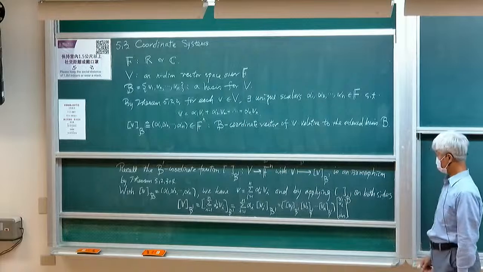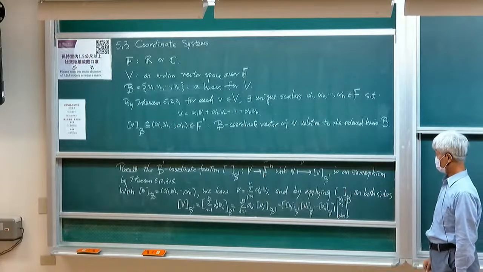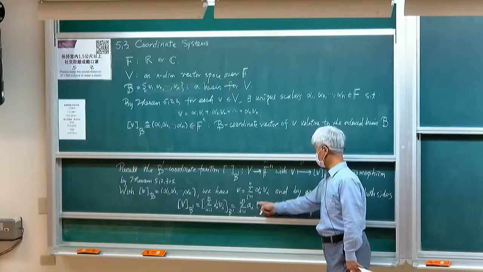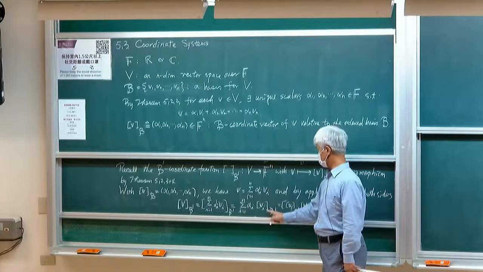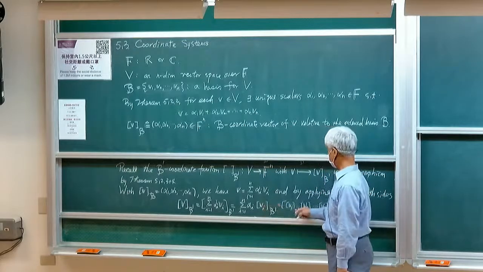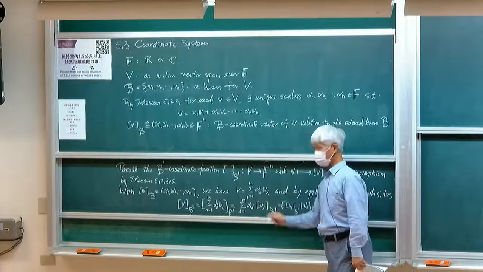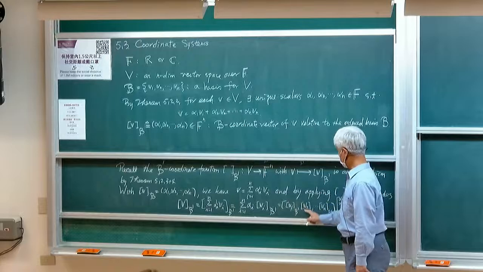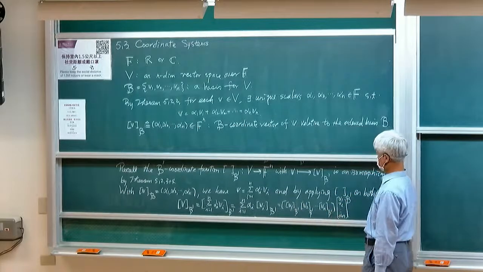We put all the column vectors together: the ith column is the B prime coordinate of Vi, the first column, second column, up to the nth column.